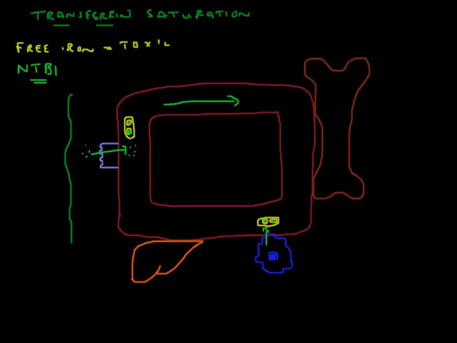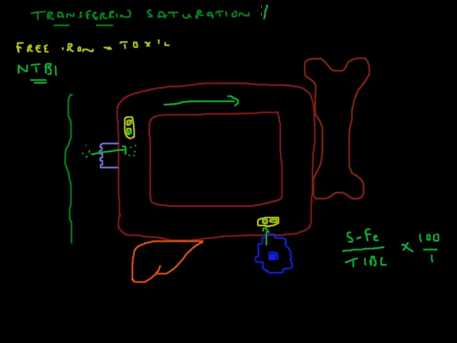So normally when you look in textbooks, you will see that they talk about transferrin saturation as being the amount of serum iron, which is the iron bound to transferrin, divided by the total iron binding capacity times 100/1, which will give you a percentage.